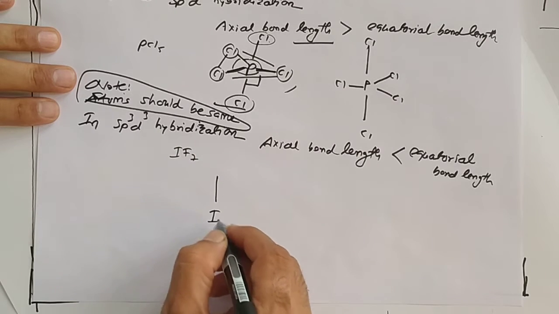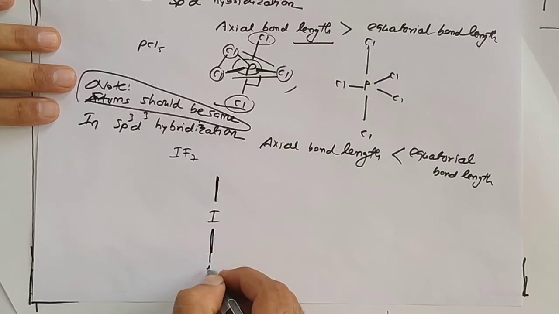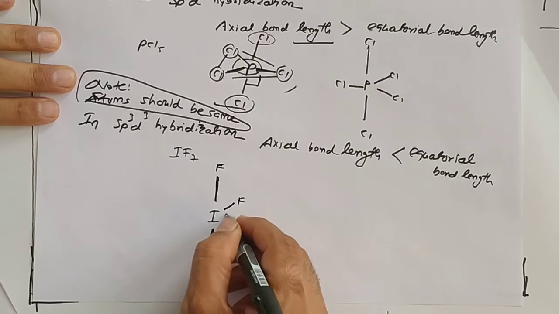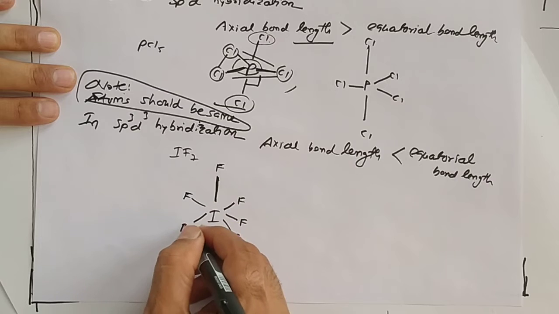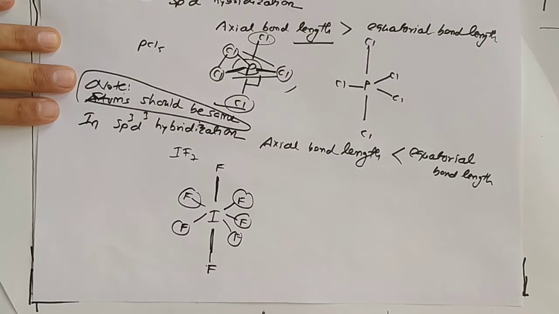These two are axial. And another 5 are equatorial. 1, 2, 3, 4 and 5.